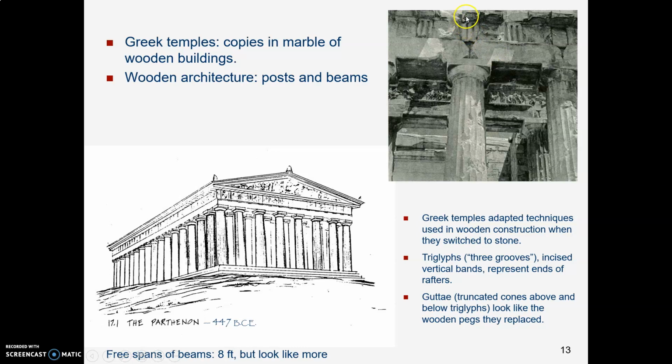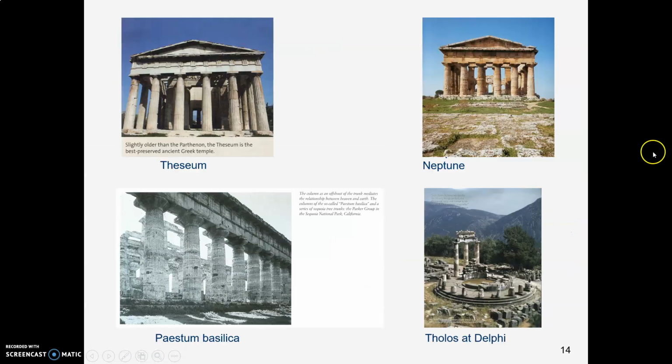So these things with 3 grooves cut in them, triglyphs they're called, those look like the ends of rafters used to look in wooden architecture. And underneath them, I don't know if you can see here, there are little cone-shaped things that look like the wooden pegs that were used to hold those rafters in place.